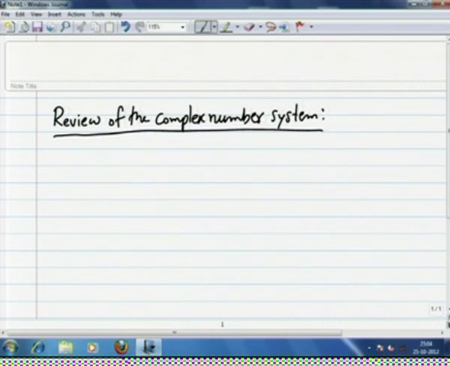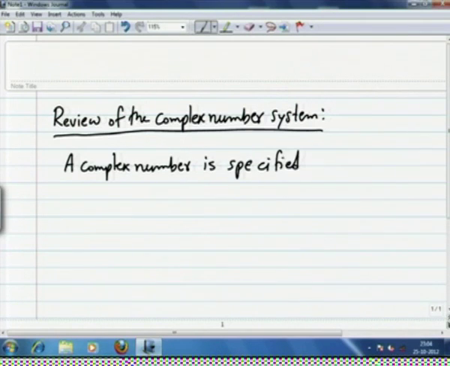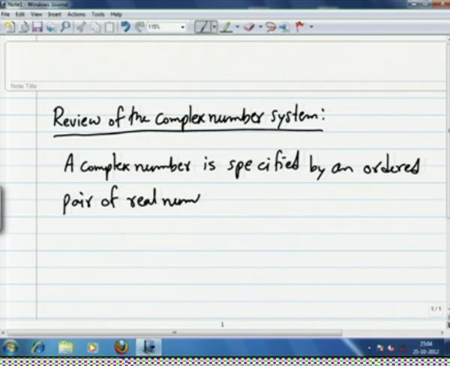Okay. So, let me first start with a complex number. A complex number is specified by an ordered pair of real numbers a comma b.